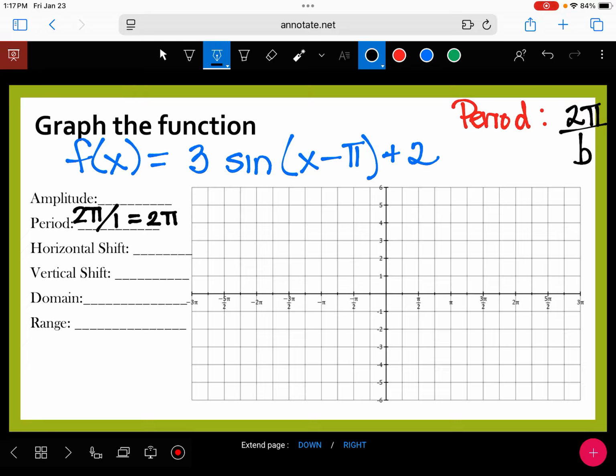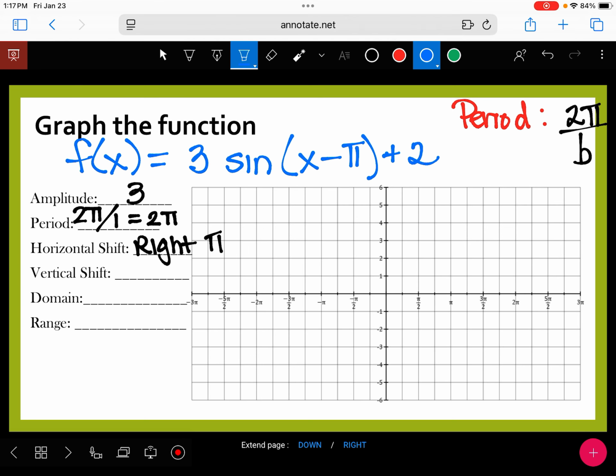All right, let's go ahead, because I want us to be able to do at least one graph with a period change. So when we set our parentheses equal to 0, we get pi, which means I'm going right pi. What's my amplitude? 3. All right, let me pause right there.